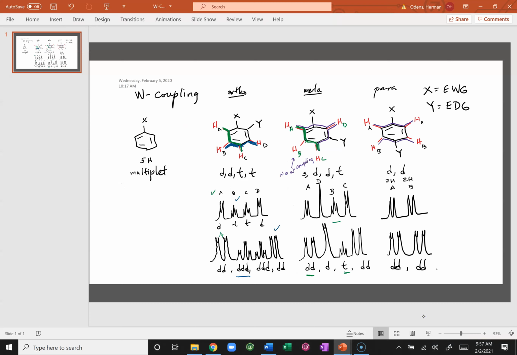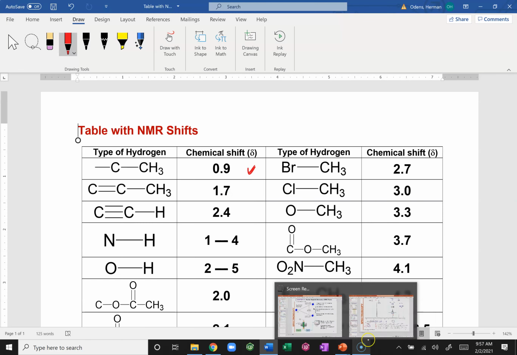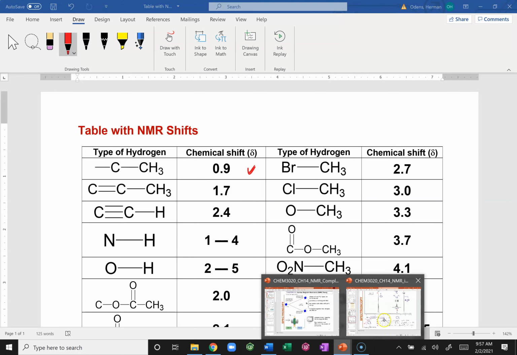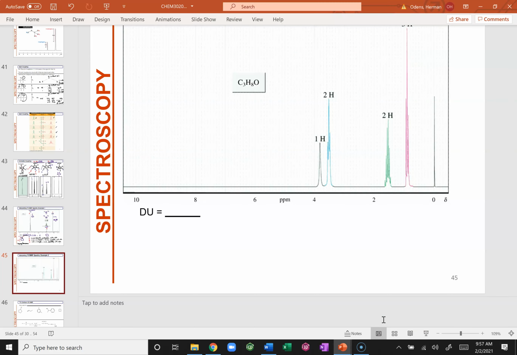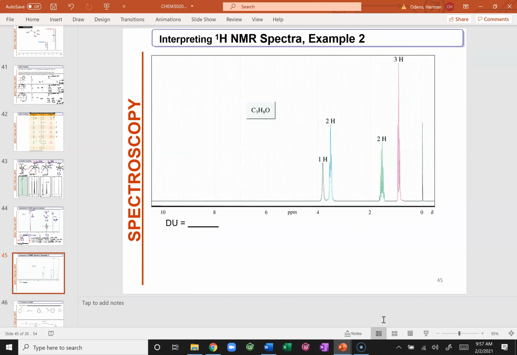Okay, let me close this. I don't think I need that. And let's move on to the next example. This example does pretty much the same thing, so let's do it again together. So we have C3H8O. All right? So 2 times 3 plus 2 minus 8, divided by 2.